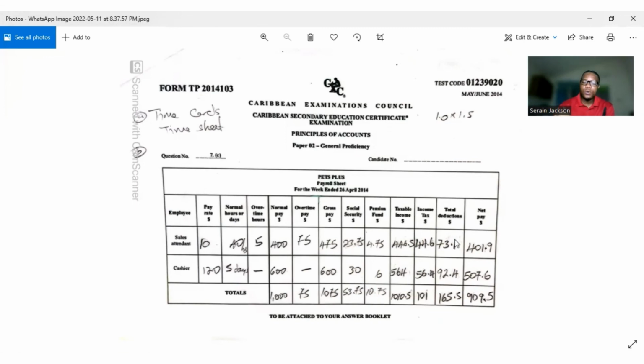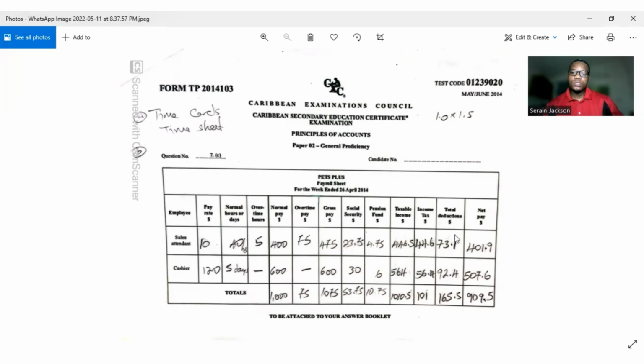And then now you have your total deductions. Your total deductions would be the summation of Social Security, pension fund, and income tax. So you add these three deductions to get the $73.01 and the $92.40, right?